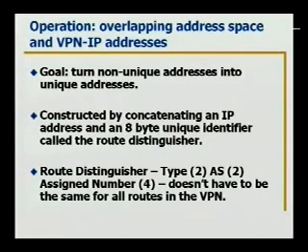we use a new address type. The goal is to turn these non-unique addresses into unique addresses. And we do this by concatenating an IP address with an 8-byte unique identifier, which is called the route distinguisher.